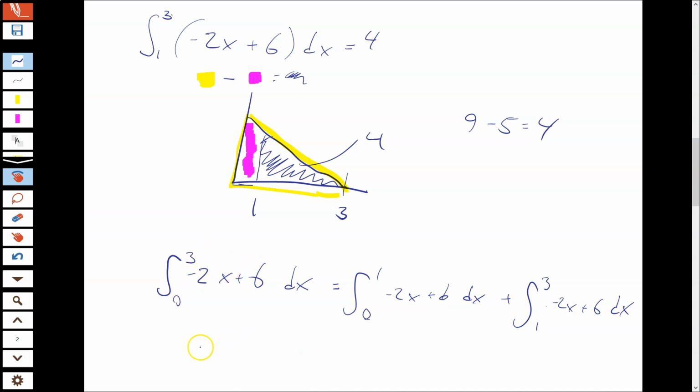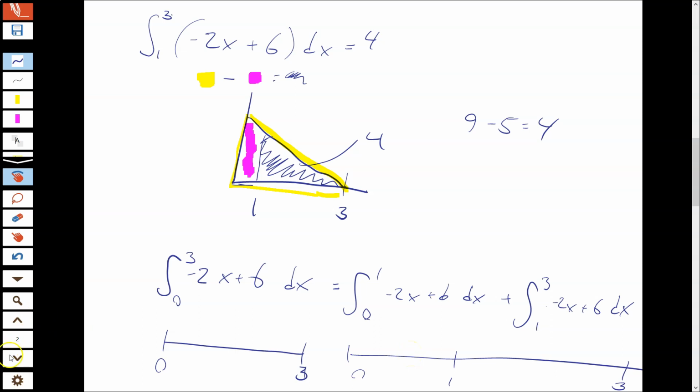I can actually draw a whole number line from 0 to 3, right? And this would be from 0 to 1, and then from 1 to 3. Okay, so we're doing the same thing, but I can divide this up into whatever pieces I want. Whatever pieces are convenient to me, essentially.